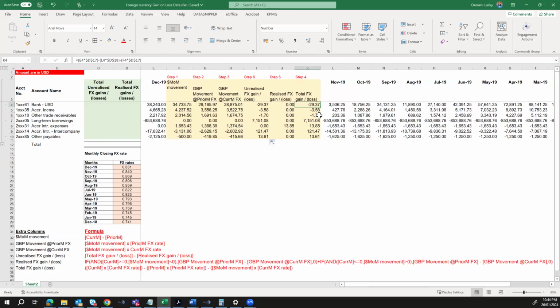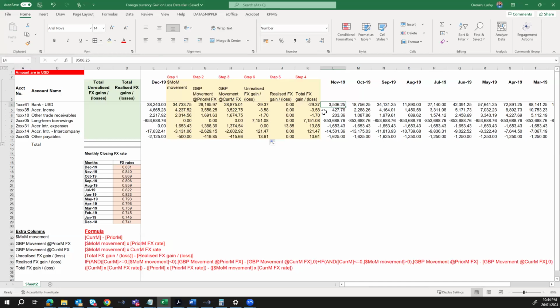What this simply means is that you have an asset of 3506 in November, and you've received cash into your bank, like cash for a trade receivable. The receivable reduces, which means there's a realized portion on that balance, and the asset then increases.